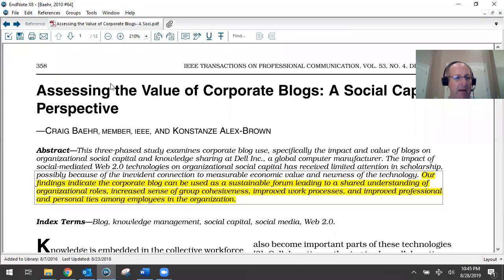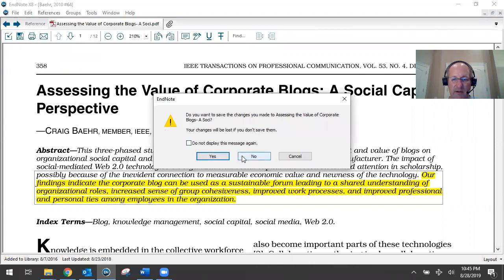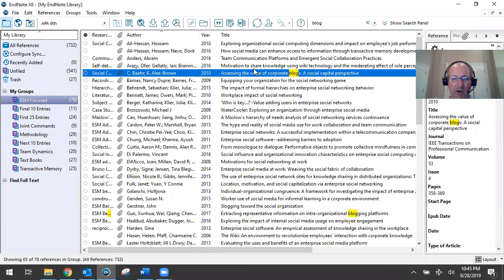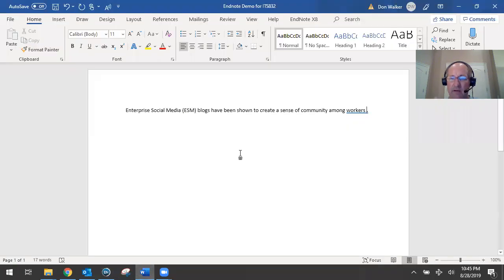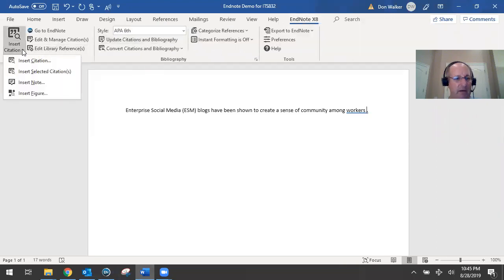So if I go back, and I don't want to save that highlight. If I go back here, and this is highlighted, this is what I was talking about in the other lecture. I can go to EndNote and I can say insert selected.